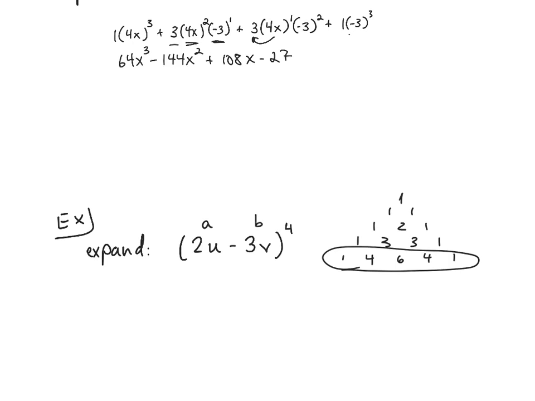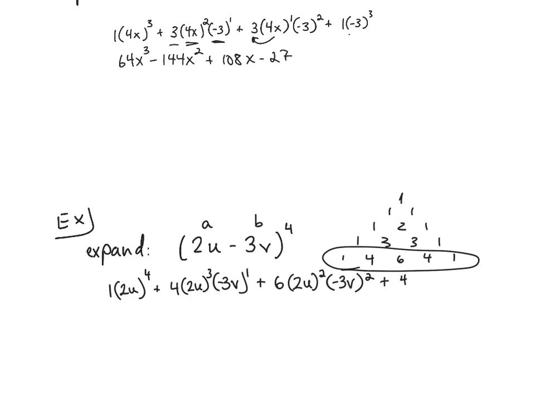So the first term has a coefficient of 1, and then it's 2u to the fourth. Then we have a coefficient of 4, and then 2u is raised to the third power, and negative 3v is raised to the first power. And we have 6, 2u squared and negative 3v squared.